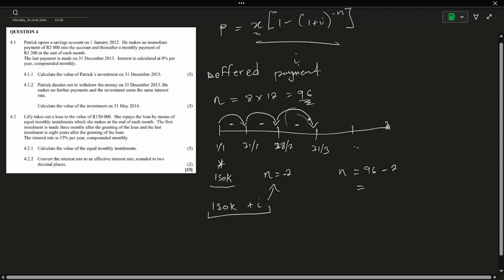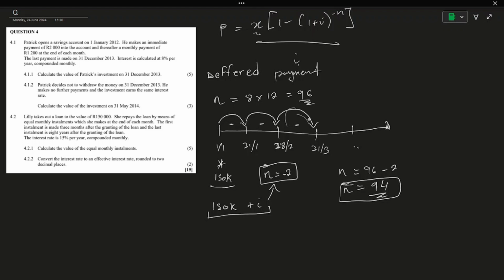So our real N now becomes what? Becomes 94. So we have our real N, which is 94, and we have our N of interest. This is the N for which this person is going to incur interest for 2 months because they deferred. So now let's plug this into our formula and see how it looks.